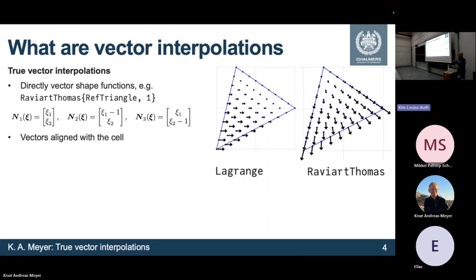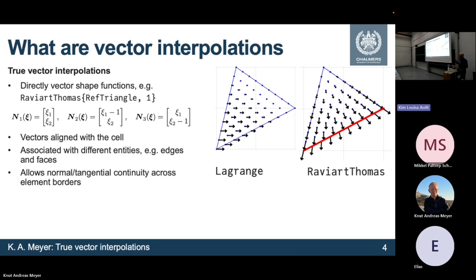So if you rotate the cell, we kind of rotate the DOFs. And we now don't associate them with a node. In this specific case, they're associated with facets, so edges or faces.